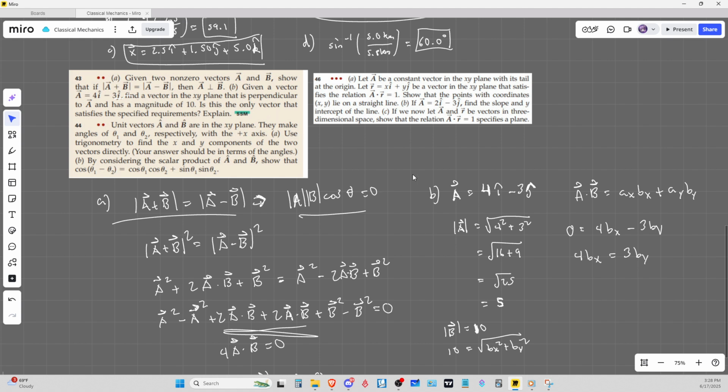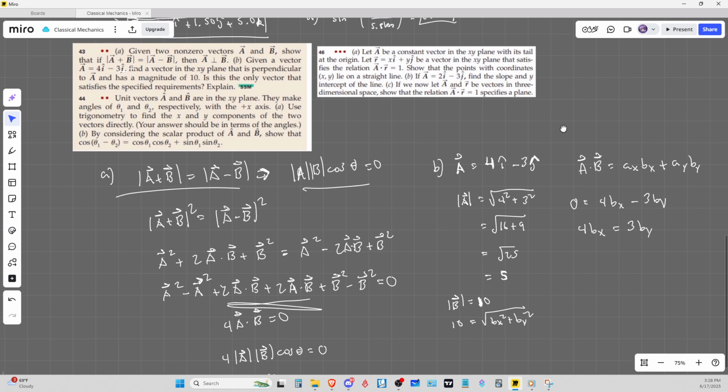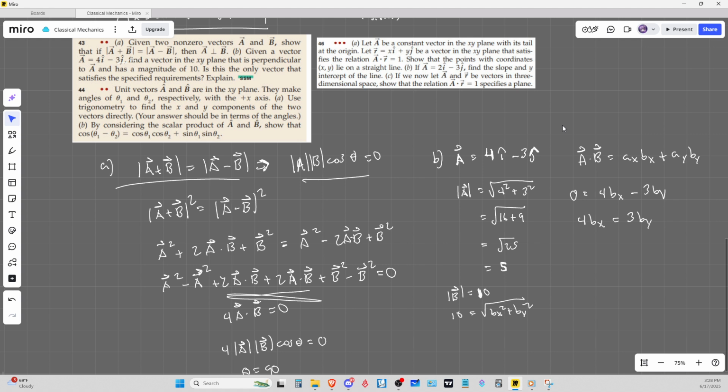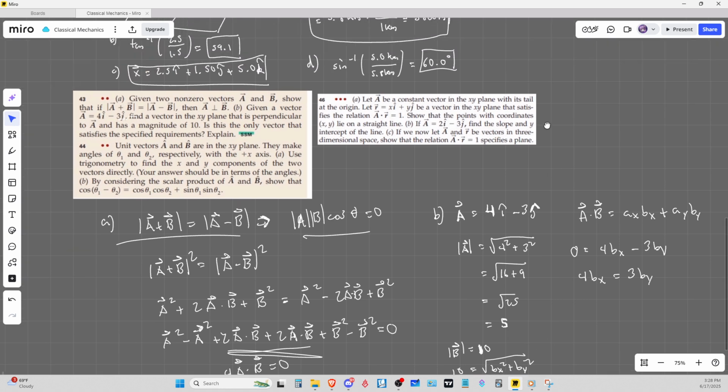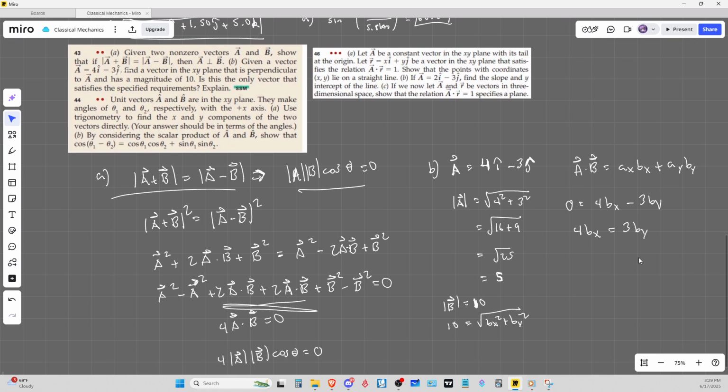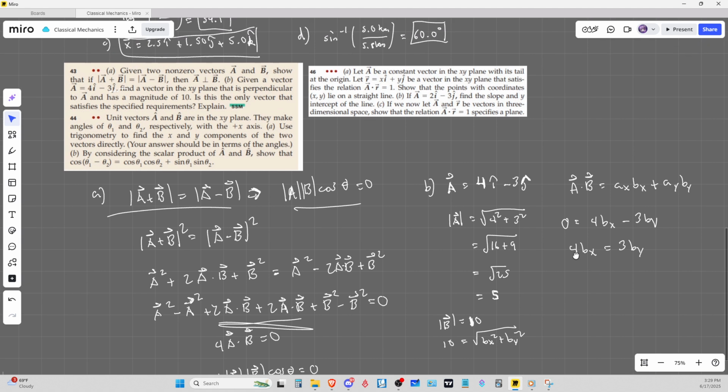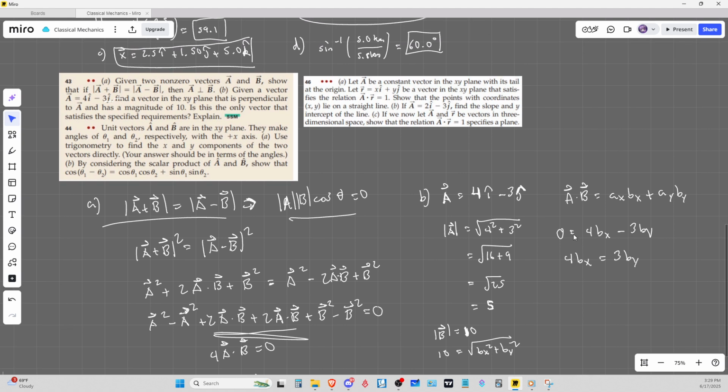And I think the answer is no, because I was able to think of 2 solutions to it. But then again, that's basically getting the magnitude of 10. There's only 2 vectors of the norm 10 that are perpendicular to A.